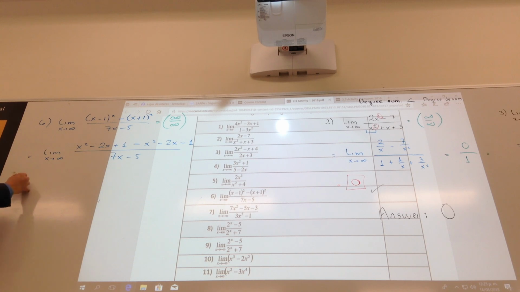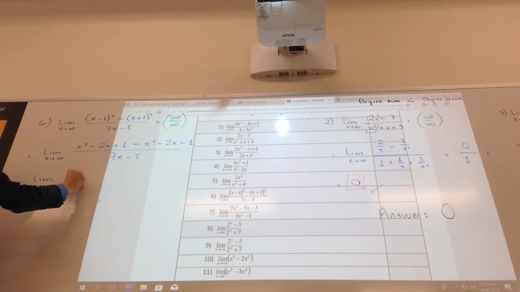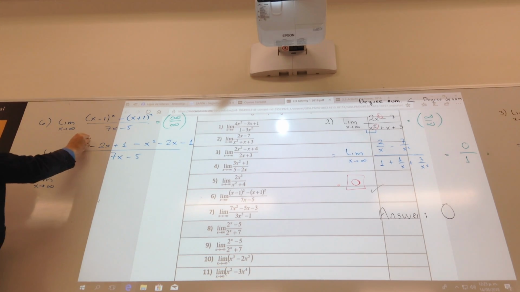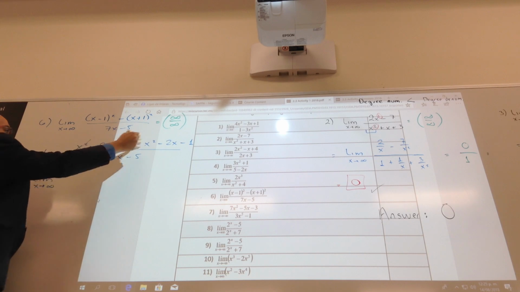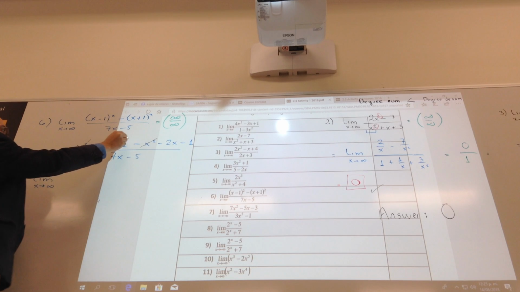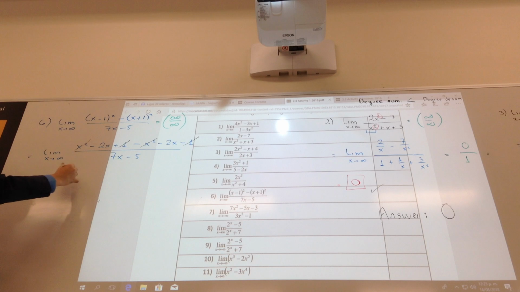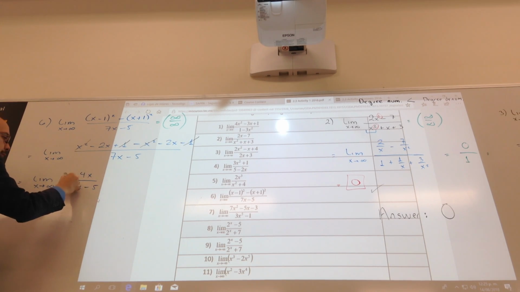Now you can simplify, this with this. You get minus 4x.